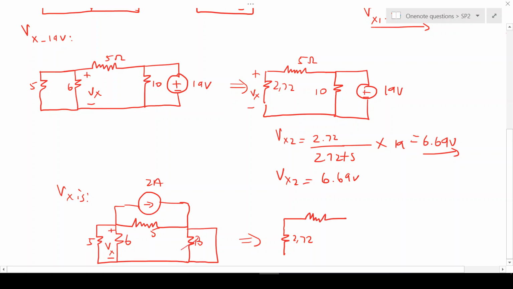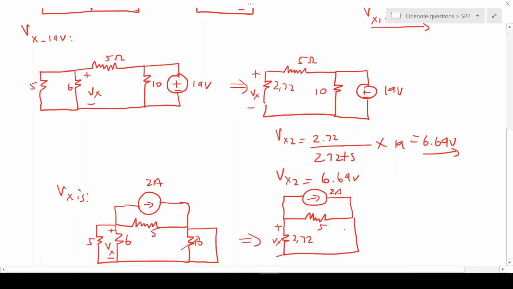This resistor will be bypassed because of that short circuit. And that's the circuit that we will have: 2.72, we'll have 5 and 2 amps. And we are still looking for the voltage there, which is Vx.